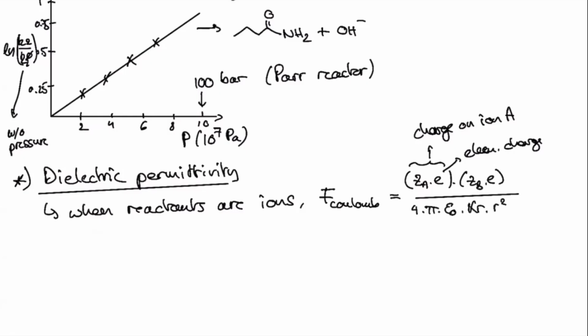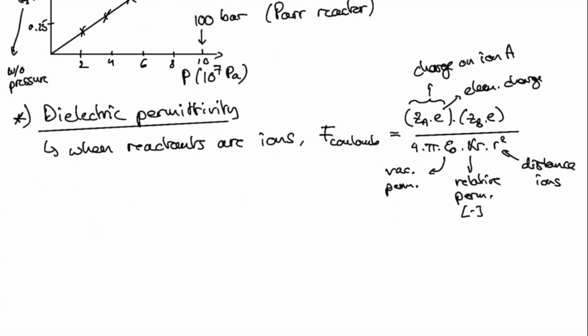Epsilon naught is the vacuum permittivity, epsilon r is the relative permittivity, which actually has no units, and r squared is the distance between the ions. We already saw that in a previous class.